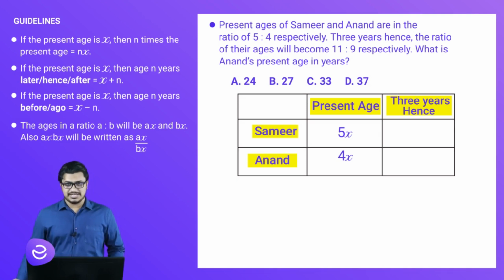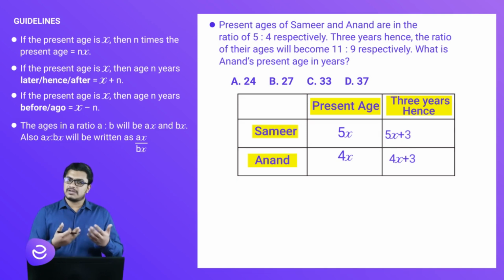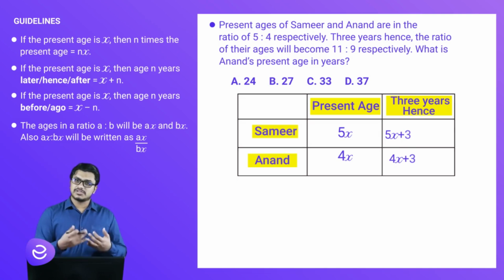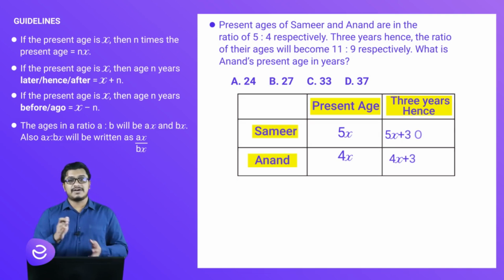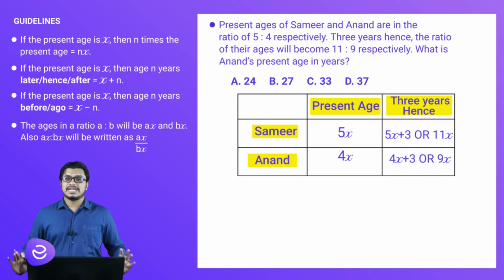Now, after 3 years, Samir's age becomes 5x plus 3, and Anand's age becomes 4x plus 3. But it is given here as 11:9, so it can also be written as Samir's age after 3 years is 11x and Anand's age after 3 years is 9x.